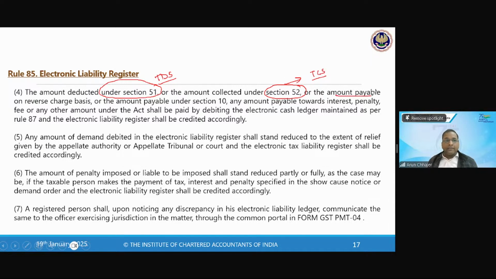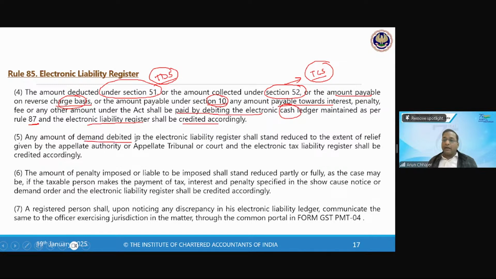Or the amount payable under RCM or the amount payable under section 10, any amount payable toward the interest, penalty, fee or others shall be paid by debiting the cash ledger maintained as per rule 87, and the liability shall be credited accordingly. So whenever you pay the liability in cash ledger, obviously the liability of the TDS, liability of TCS, RCM liability, section 10 liability has to be paid in cash.